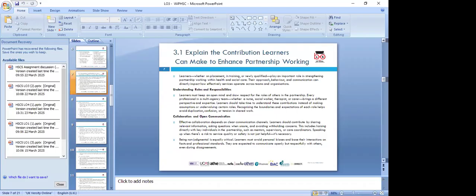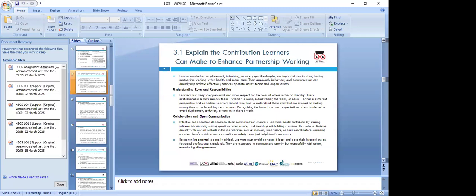Learners should take time to understand these contributions instead of making assumptions or undervaluing certain roles. Recognizing the boundaries and expectations of each role helps avoid duplication, confusion, or tension in shared work.